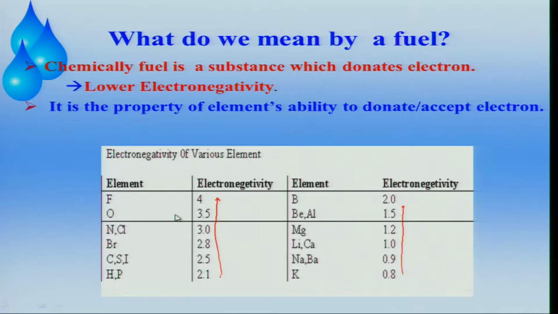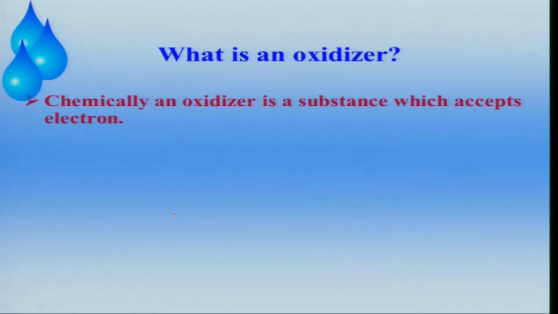So, we can say in a similar way that chemically an oxidizer is a substance which accepts electrons. And we will take an example where oxygen can act as a fuel, for example, F2O3.